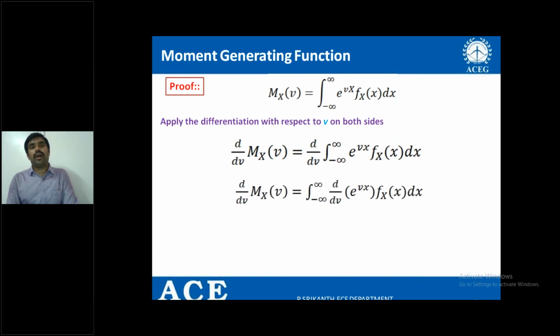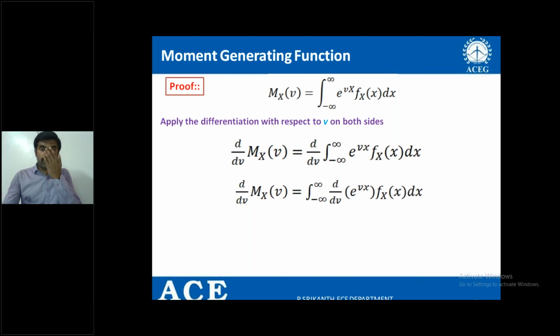Here, I take the differentiation inside the integration, just changing the order of integration and differentiation. So it becomes d by dv of e power vx, and fx of x is independent of v, therefore it stays outside the differentiation: d by dv of e power vx into fx of x dx, right?